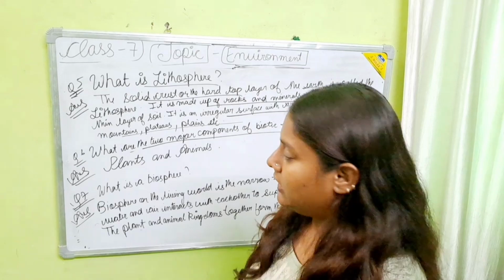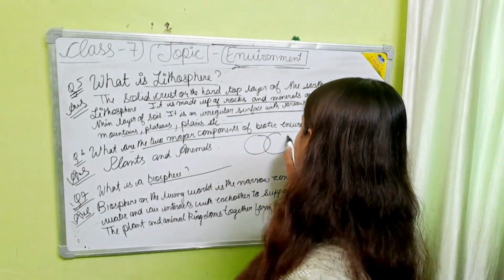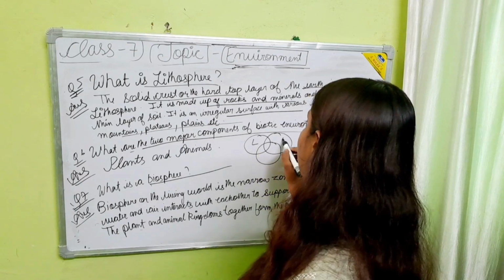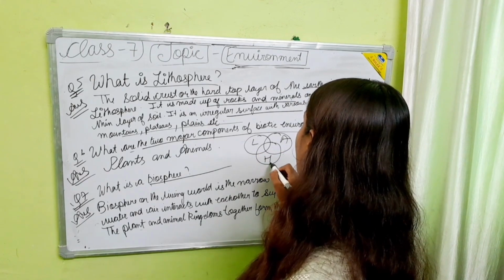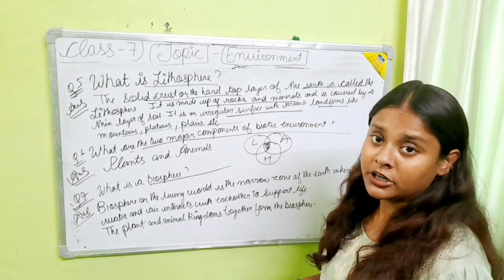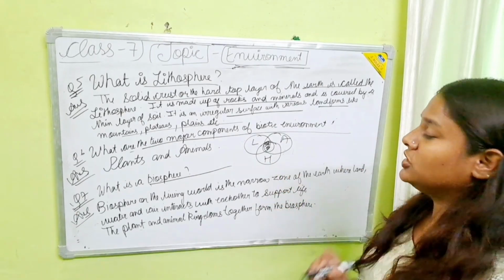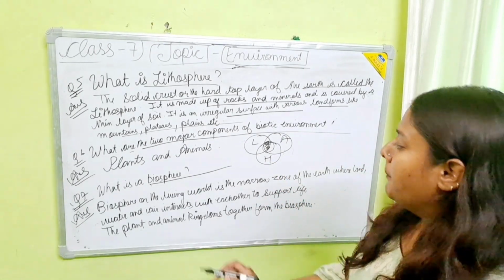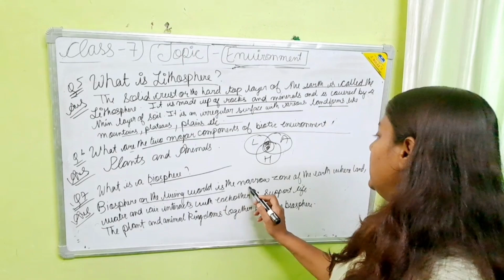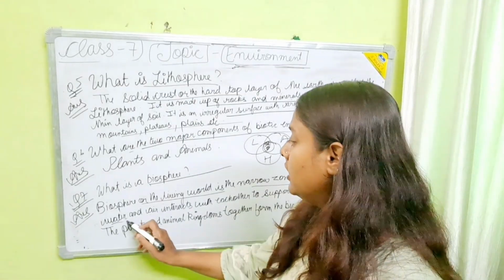Question number 7. What is biosphere? I told you with this diagram, when land, air and water interact with each other and they meet at a particular point and form a place which is suitable for living, it is known as biosphere. Biosphere, or the living world, is the narrow zone of the earth where land, water and air interact.